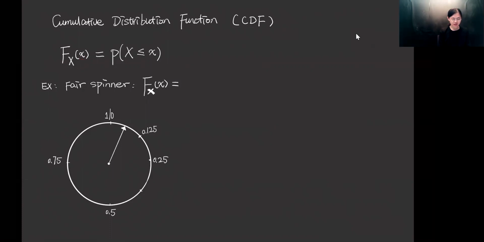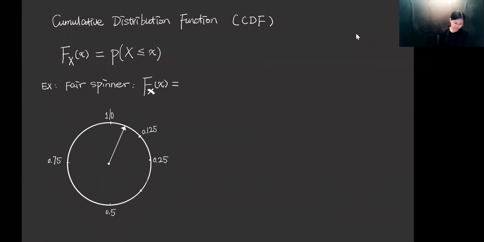This is defined to be the probability that X is less than or equal to little x. That is the definition of the cumulative distribution function. And we can define this cumulative distribution function for the fair spinner example, and we'll see that it contains more information than the probability that X equals little x function.